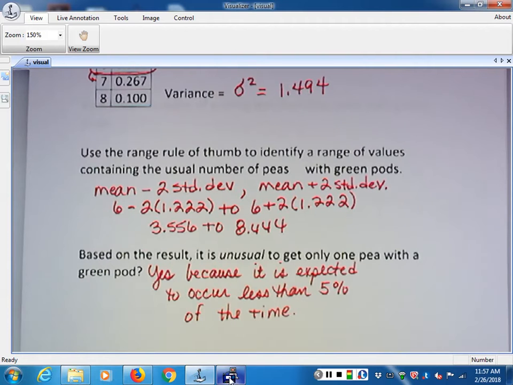Because it is expected to occur less than 5% of the time. Or the probability for getting less than 3 is under 5%. Something that references that very low probability. Is this making sense to everybody?